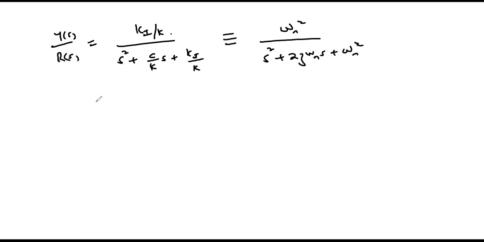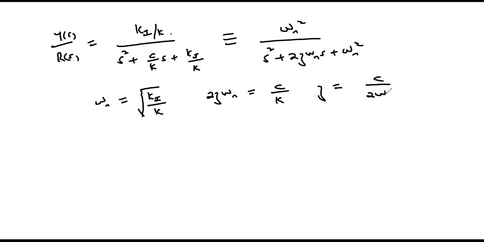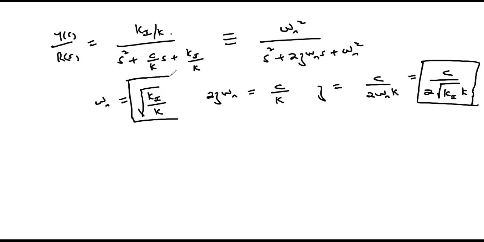If we compare the two, we'll observe that omega n will be equal to the square root of Ki over K, and also 2 zeta omega n will be equal to C over K, from which zeta will be equal to C over 2 omega n K, which will be C over 2 times the square root of Ki K. So this is the value for zeta, and this is the value for omega n.